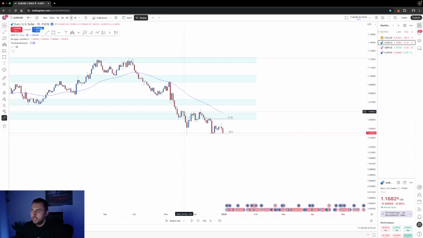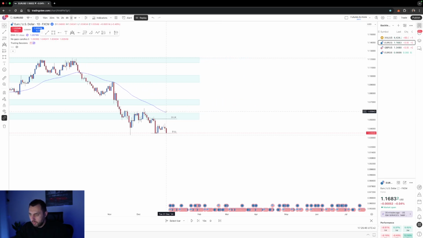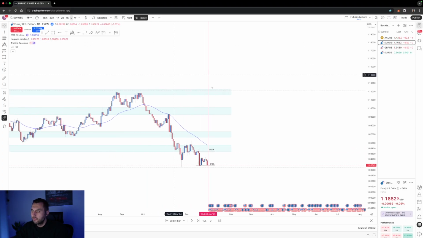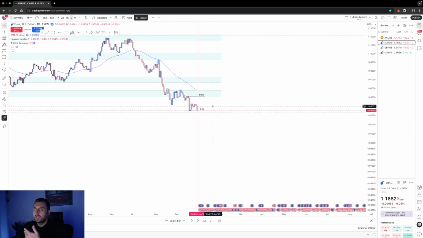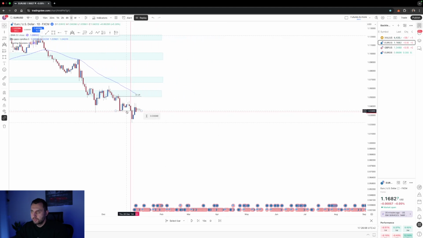For example, here we had this move, and this move I didn't really like, but it was in November, December. I'm looking from here further. Let's mark it like this. From here we will see what the price is doing on daily right now. We can see that it created a new lower low on daily.